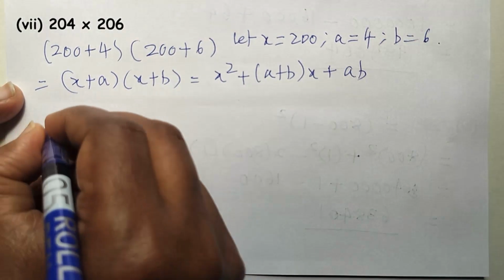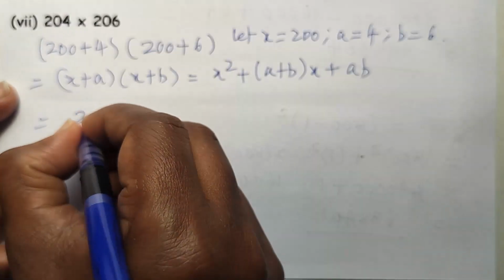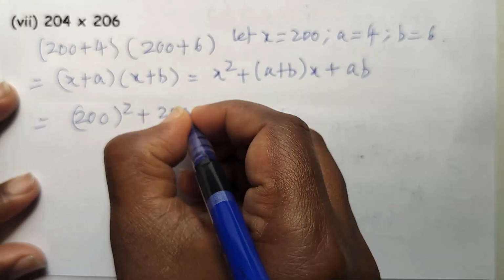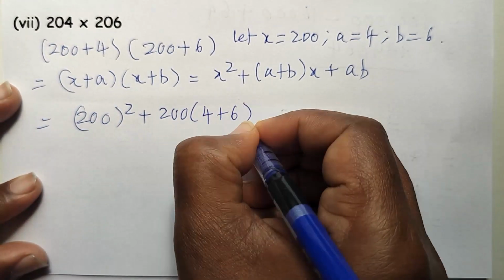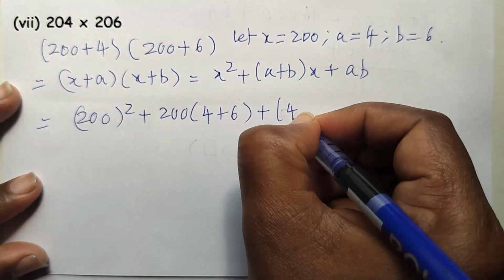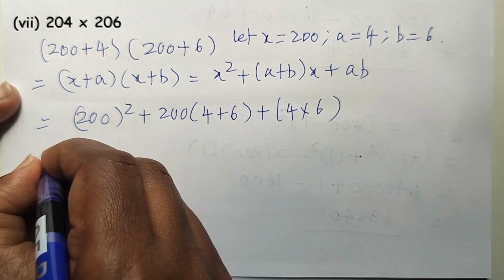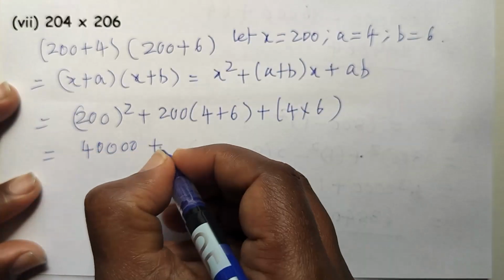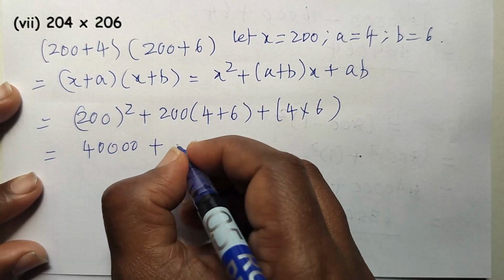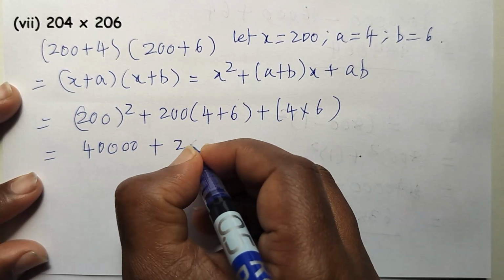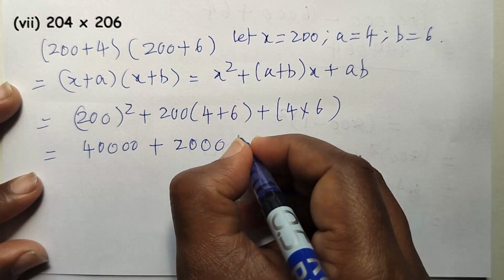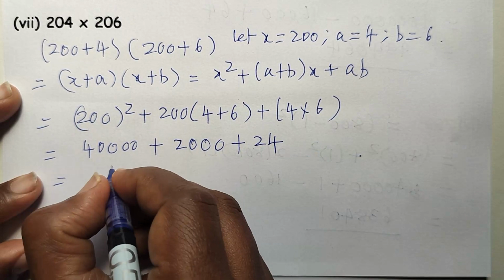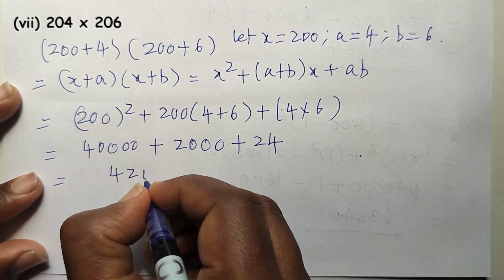So input in the formula we get 200 square plus 200 into (4 plus 6) plus ab, which is 4 into 6. 200 square 40,000 plus 4 plus 6 is 10, 10 into 200, it will be 2000 plus 4 into 6 is 24. So when you add this, 42024.